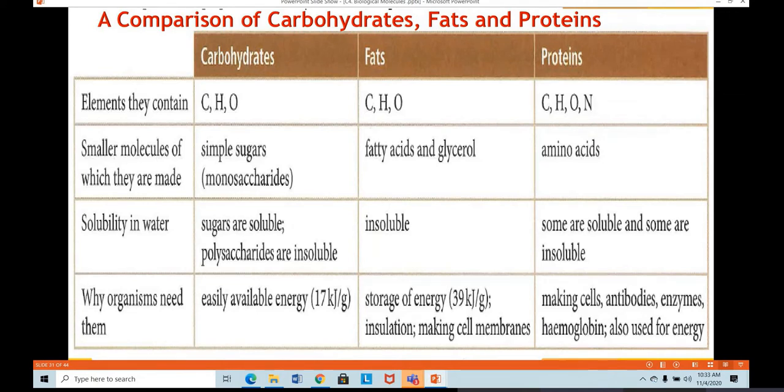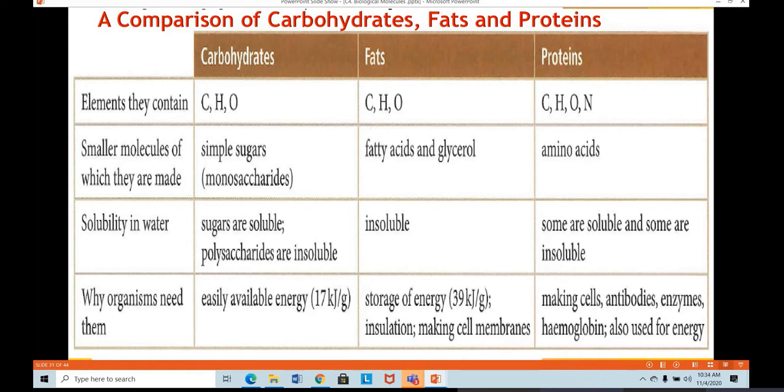Why organisms need them: easily available energy, 17 kilojoules. Fats: elements they contain are carbon, hydrogen, and oxygen. Smaller molecules of which they are made are fatty acids and glycerol. They are insoluble in water. Why organisms need them: they are used to store energy, 39 kilojoules, insulation, making cell membranes.